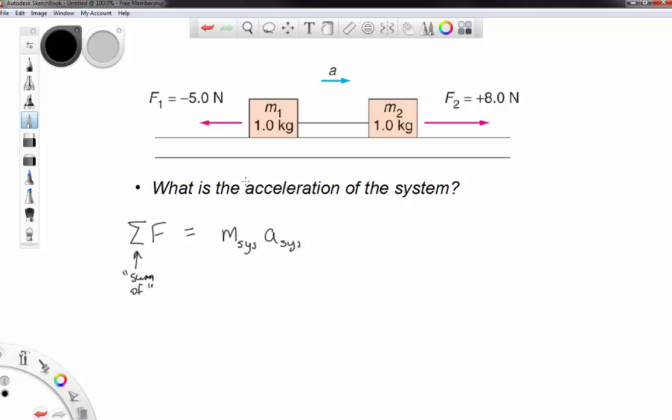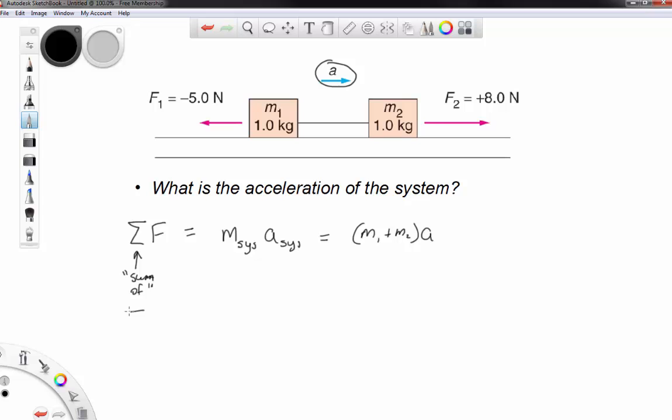And in this case, the system is this pair of blocks which are tied together. Since they're tied together, they should actually have the same total acceleration. The diagram actually shows that the acceleration is this way. So the mass of the system would be 1 kilogram plus 1 kilogram, or m1 plus m2. And the acceleration of the system is called a in this diagram.